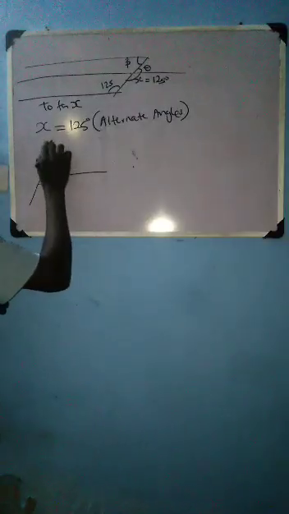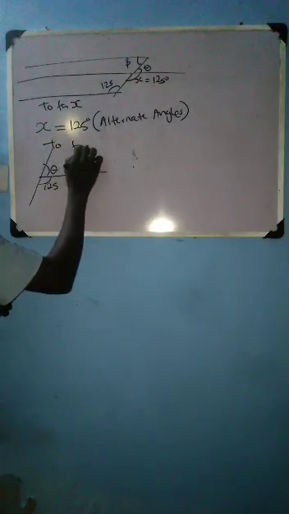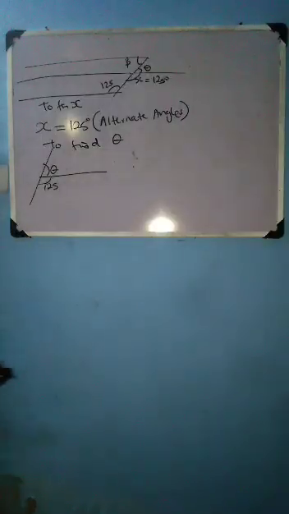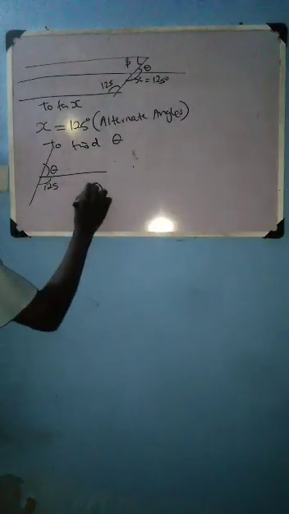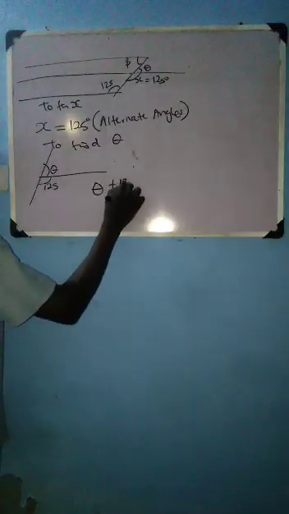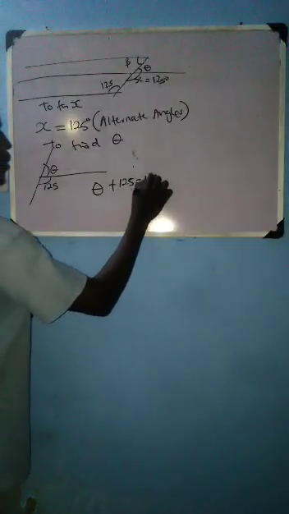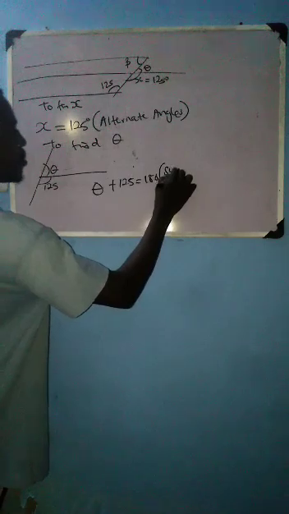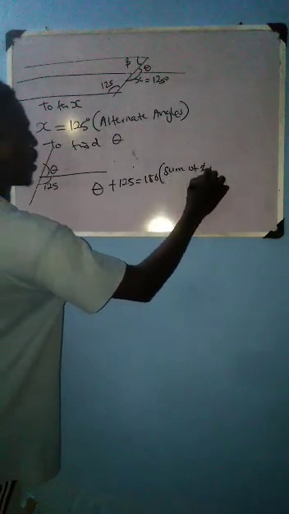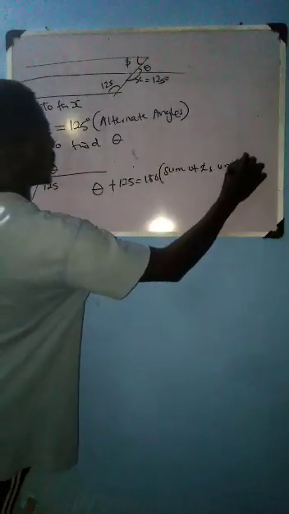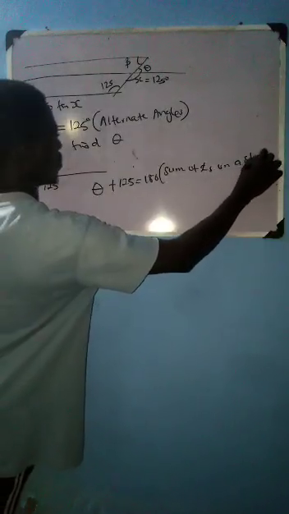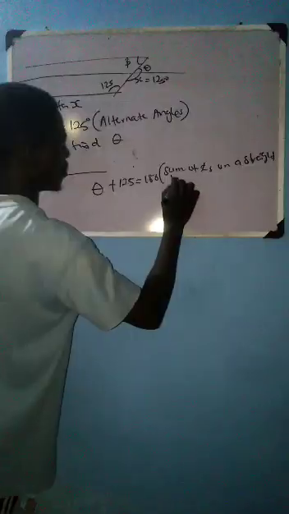So to find theta, we say theta plus 125 equals 180 degrees. Why? Sum of angles on a straight line.